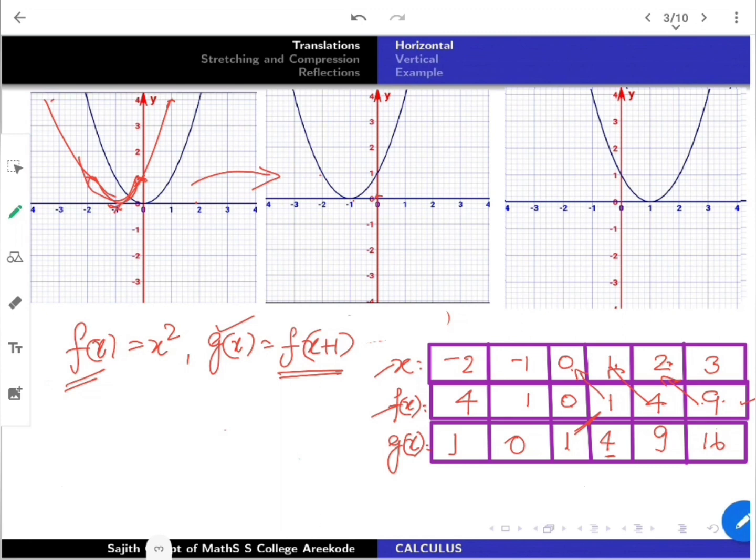So, it is a horizontal translation, and 1 unit left is going to happen. From f, I have to move left 1 unit.